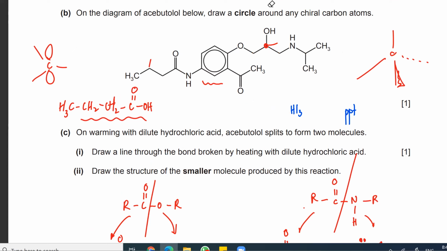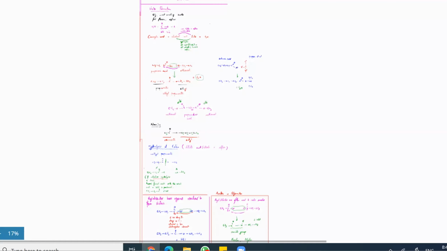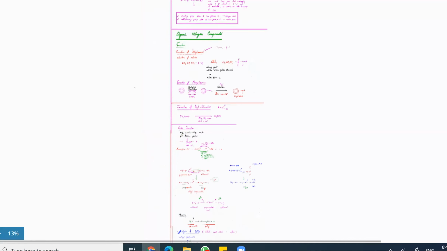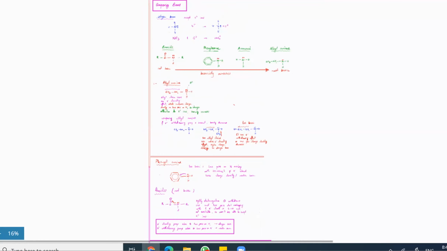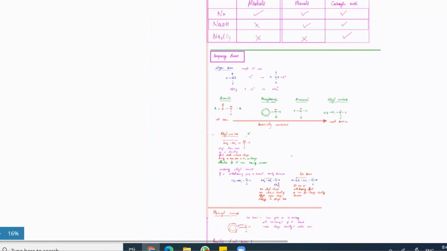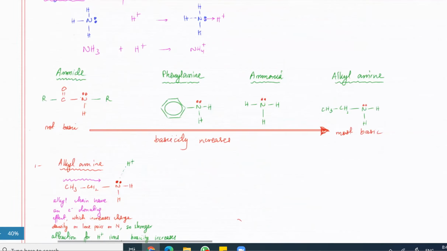Well, what's the basic part? The accepting of the electrons. So remember the basic part, where did we do bases? The nitrogen bases.